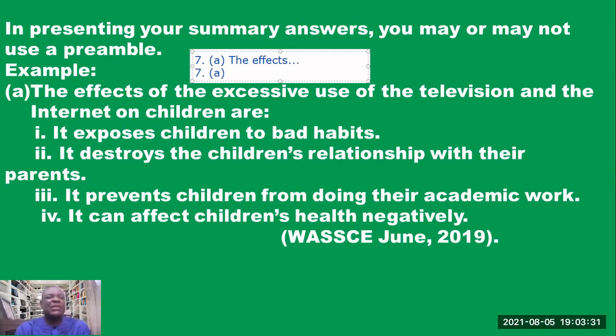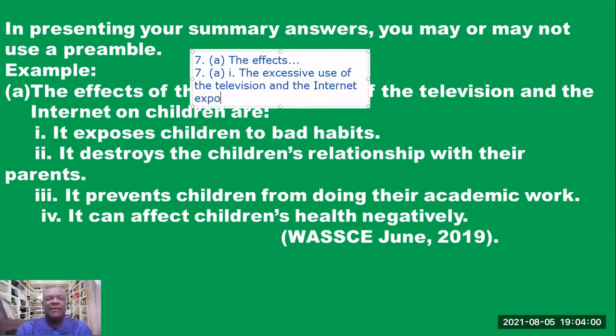And then, because you are not using the preamble method, you can now begin with I, and you say the excessive use of the television and the internet exposes children to bad habits. You see, you have used the direct sentence method here.